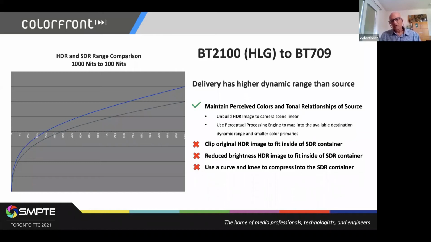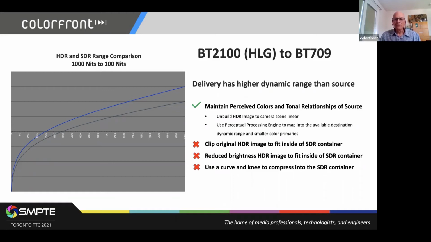And we could use a curve once again to try to knee it down a little bit. And if we knee it down, well, okay, we'll start getting some more highlights, but they don't belong with the picture. None of this belongs with the picture because it hasn't been done with the intent of maintaining the tonal relationship and the perceived colors of the original source.